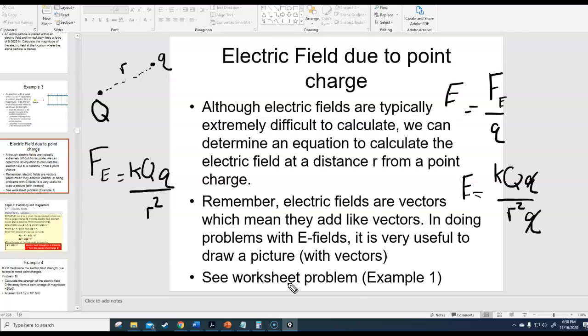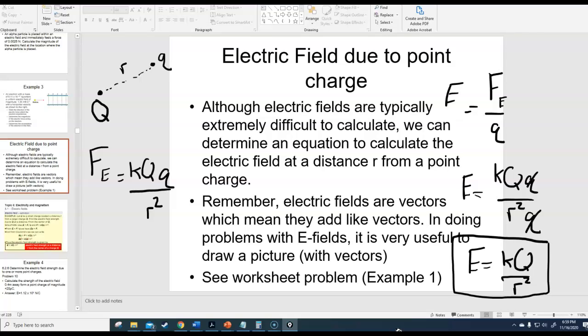And this equation looks something like this: E equals k times big Q divided by r squared. This is the equation that allows you to calculate the electric field strength due to a single point charge, big Q.